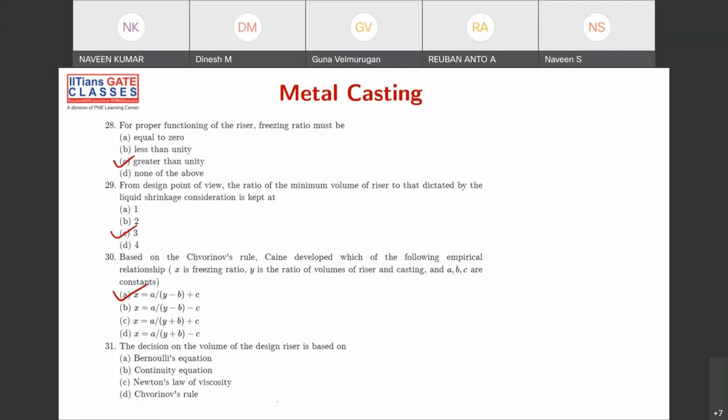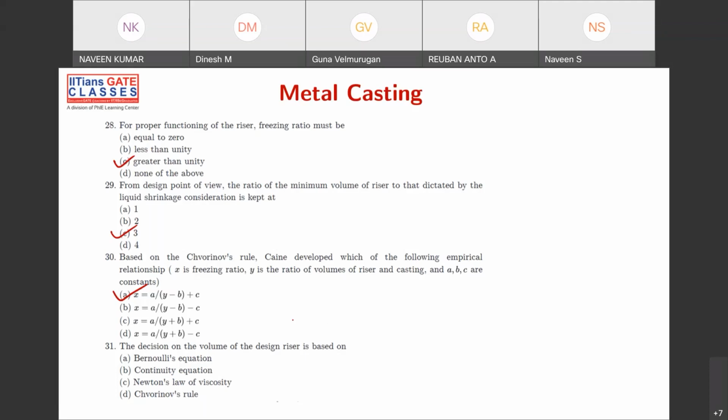No, we have. Tejasvi is right. Who is A? Why is it A? Mohammed also, who is telling A? Guna and Prabhakar say A. Why?